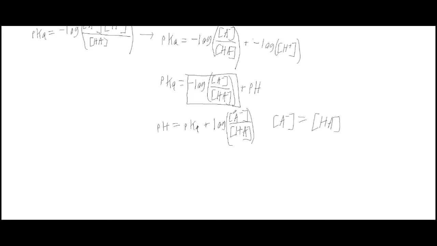And if you have logarithm of 1, which if these are the same, then dividing them just makes it 1. And logarithm of 1 is equal to 0. And so if these are the same, then your pH is equal to your pKa.